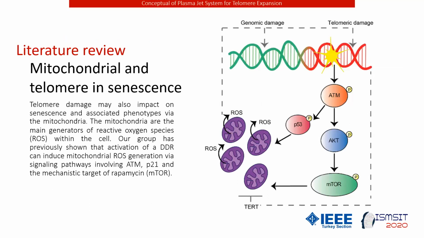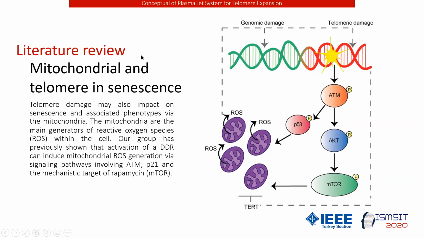But if we focus on the level of the cell, telomere damage can impact senescence and the associated phenotype, where the mitochondria are shown in this picture. The mitochondria are the main generator of ROS within the cell. Our group has previously shown that activation of DDR can induce mitochondrial ROS generation, through a signaling pathway involving ATM, P21, and the mechanistic target of rapamycin, TOR.